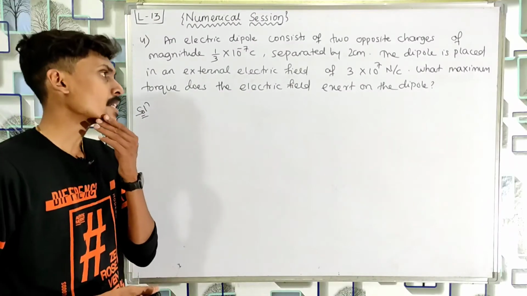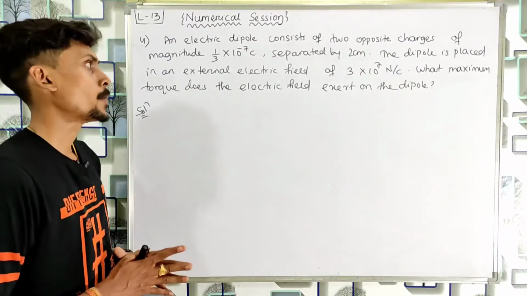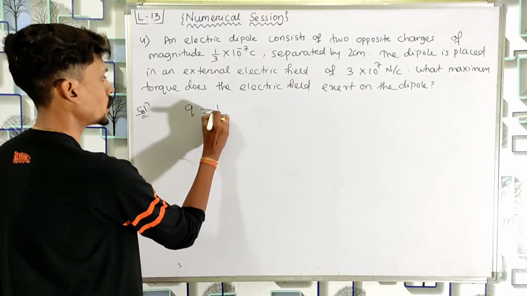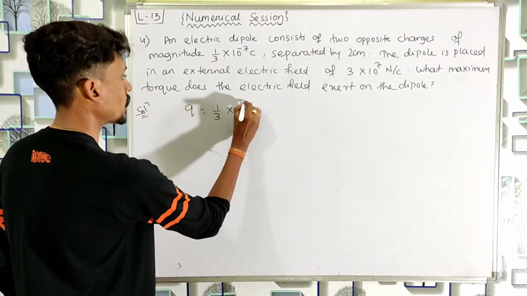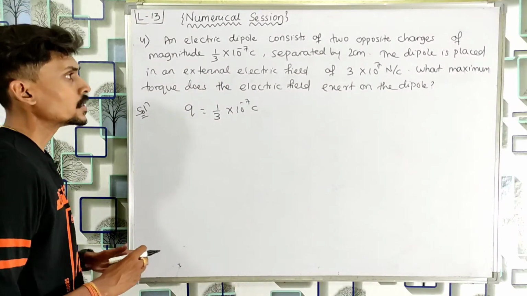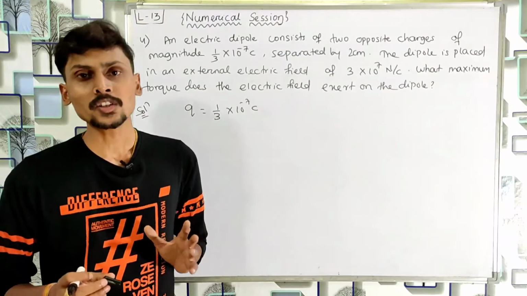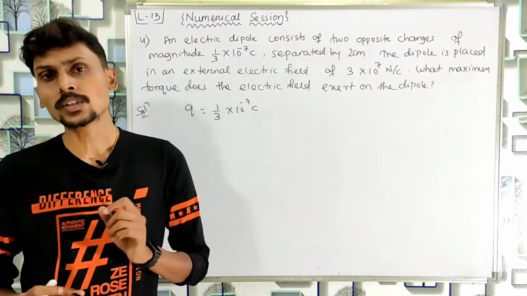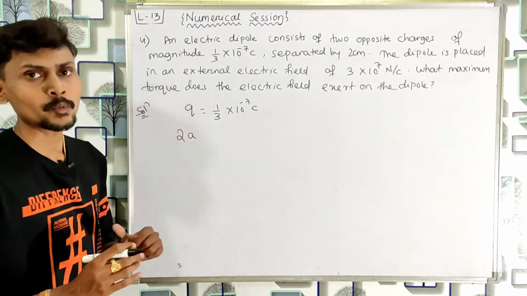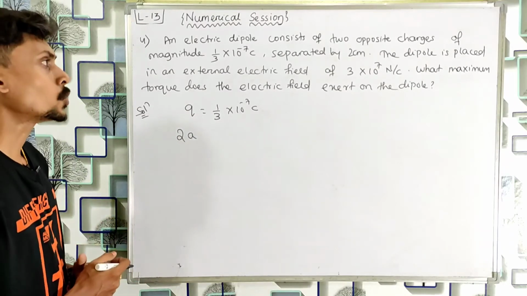So in the question it is given that we have a dipole having two opposite charges, and the magnitude of charge is 1.3 into 10 to the power minus 7 coulomb. This is the magnitude of either charge, and the separation between the two charges or the dipole length is 2 centimeter. We know that 2a is the dipole length or the separation between the two charges.